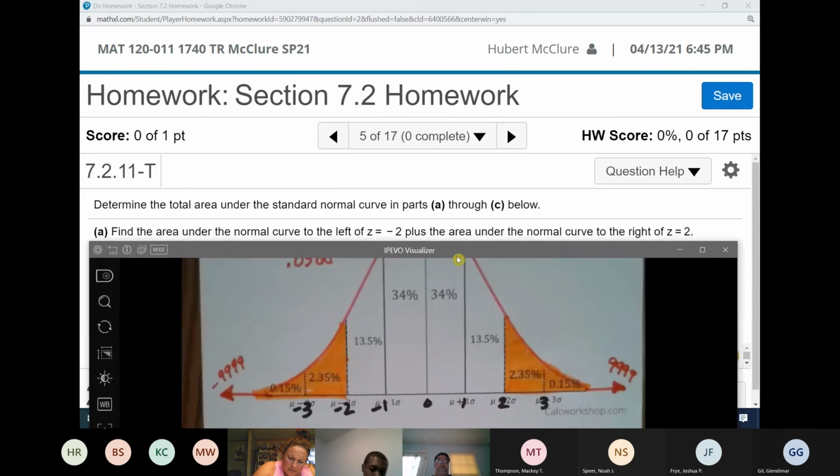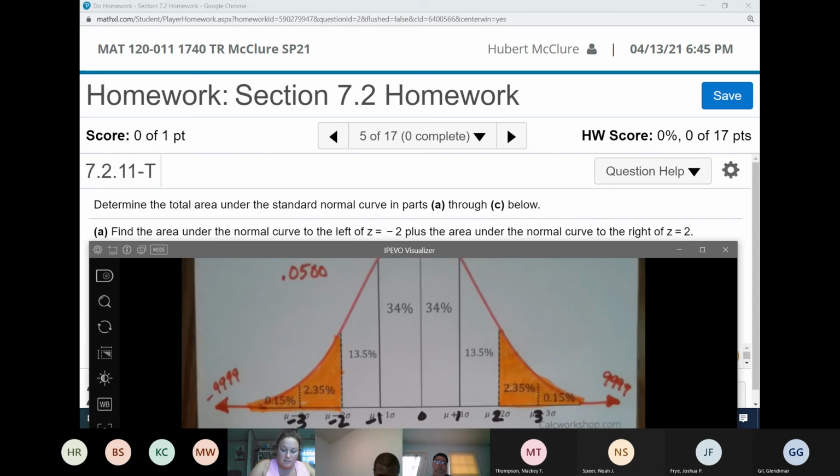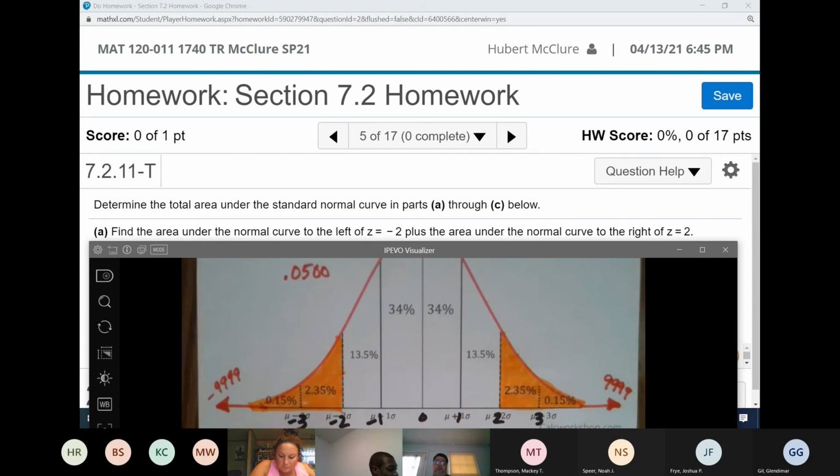This is the area under z equals -2, plus the area under the curve to the right. Yep. Okay, let me get my. I'm slow tonight. Sorry, y'all. Those of you that can, go ahead and do -9999 to -2, and then 2 to 9999. I'm going to show you another way you can do it after that.